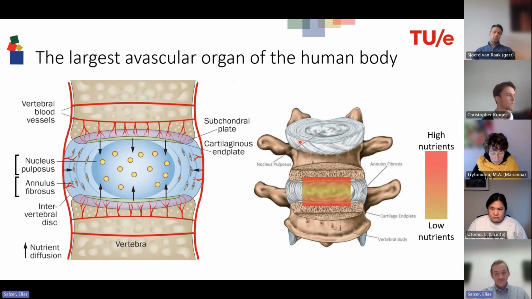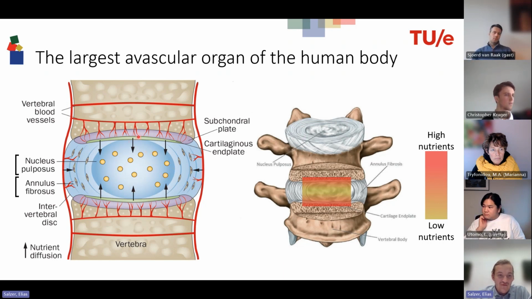And here, I would like to give you some background information for the next investigation that we did. So the intervertebral disc is the largest avascular organ of the human body, meaning that it does not have blood vessels. The blood vessels here in red are only on the outside. So here at the cartilage end plate, and here also at the outer annulus fibrosus. But here in the nucleus pulposus, there are no blood vessels.